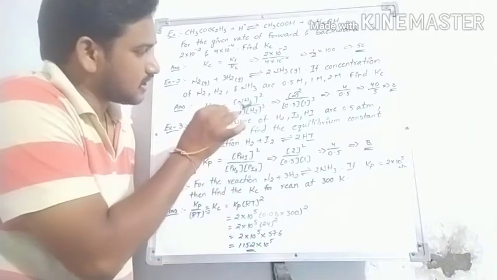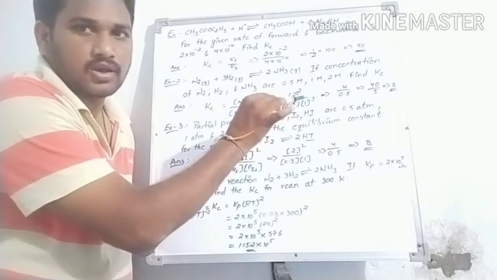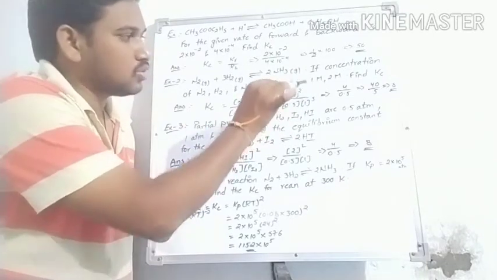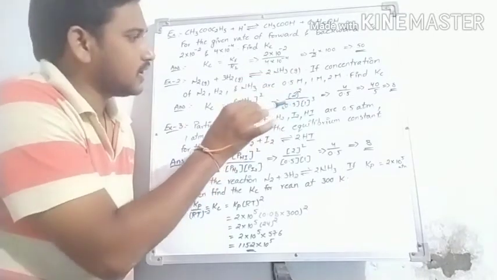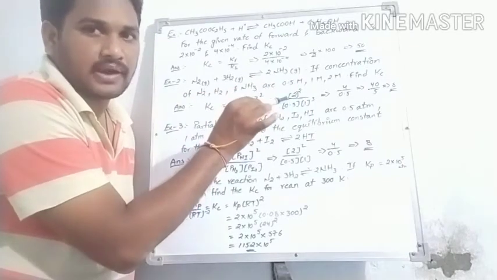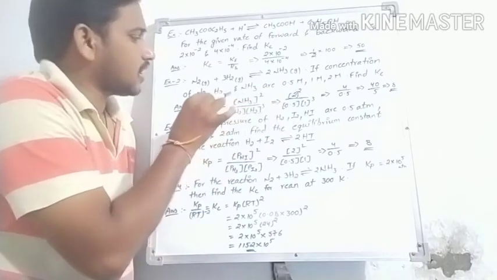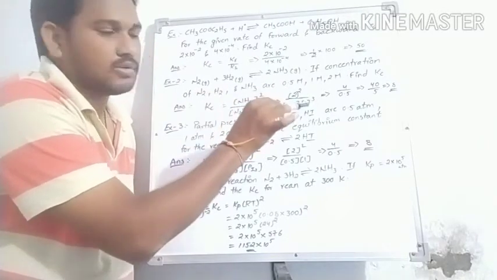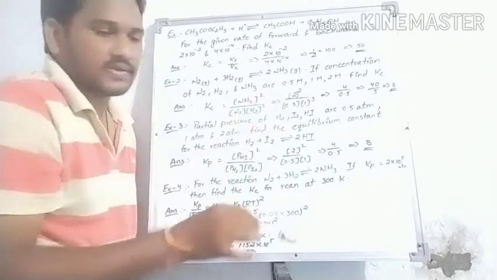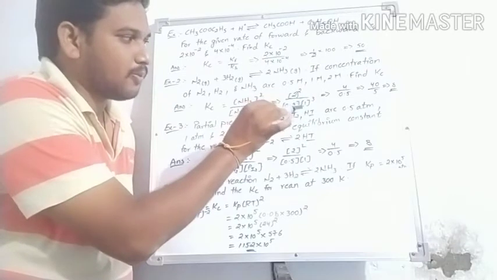Students, in the concentration of NH3, what value is there? 2, where 2 whole power 2 by, students, the concentration of N2 is 0.5, where 0.5 into the concentration of H2, 1 whole power 3.